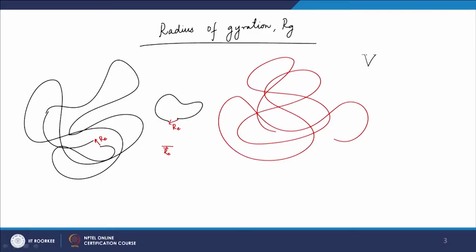I want to point out that this is not quite precise, in the sense that there can be a prefactor between the radius of gyration and the radius of the equivalent sphere, but it gives the idea, in that it captures the effect of space occupied by the polymer chain in the system.